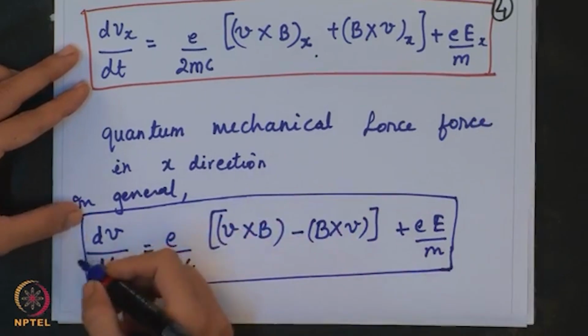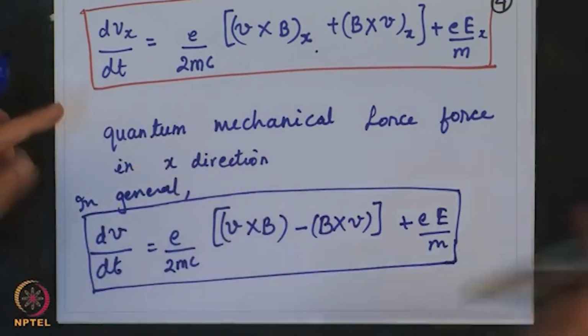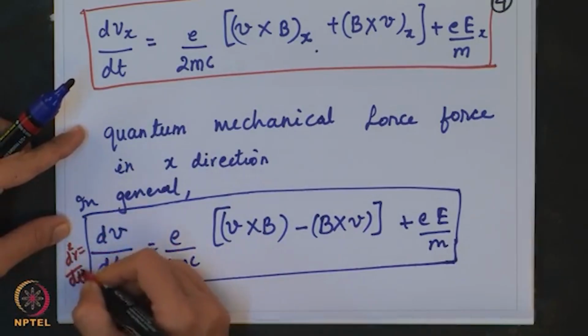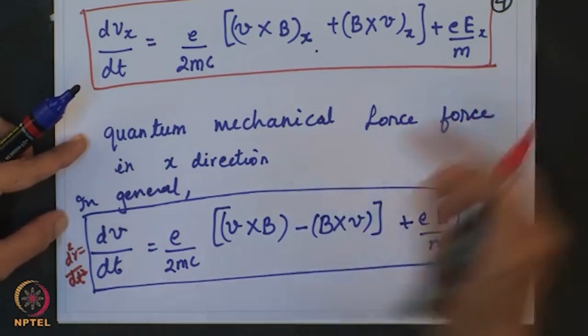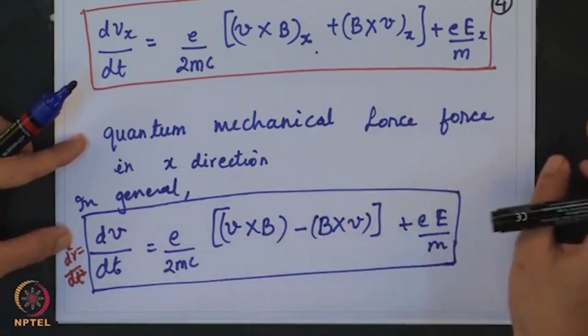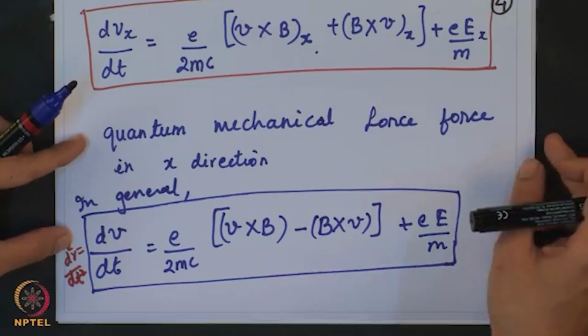You can rewrite this, this is nothing but d square r by dt square, which is asked in the question. So, it is proportional to this in terms of the quantum mechanical Lorentz force, and I think this part was also discussed in the lecture.